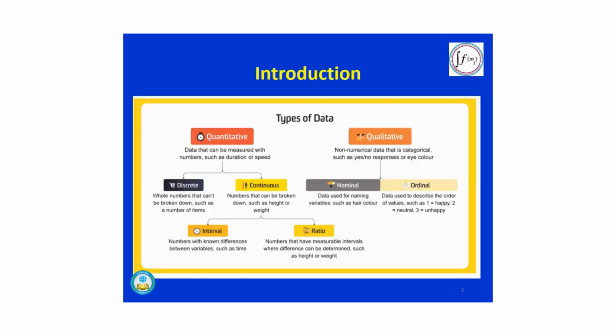So before moving to the topic, we'll talk about the types of data and variables. As we all know, data are mainly divided into two parts, quantitative and qualitative, based on the variable type. Quantitative variables are again divided into discrete random variables or continuous random variables.